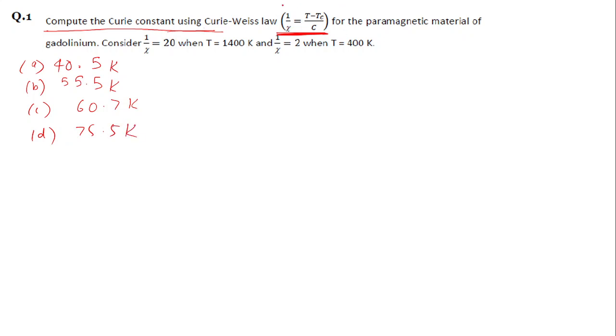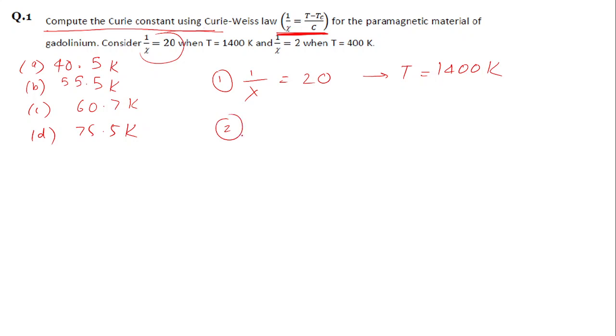We have already been given this formula, and we are also given these two cases. Let's make equations based on these cases, and then see how we can extract the Curie constant value. The first case is that 1 over chi is 20 when temperature is 1400 Kelvin.